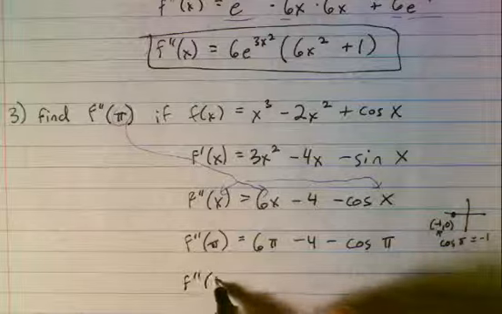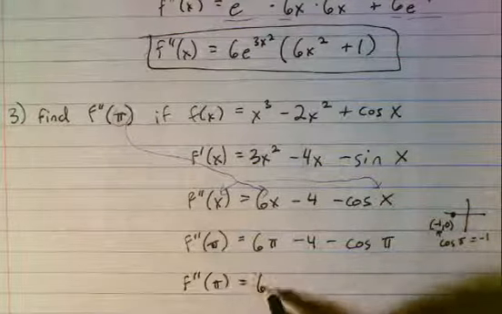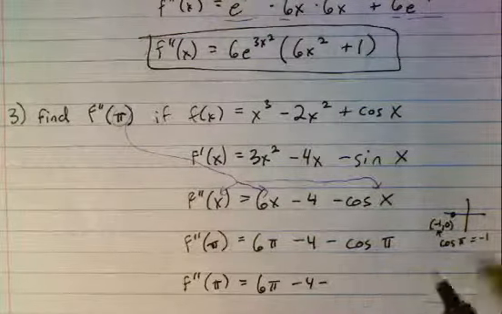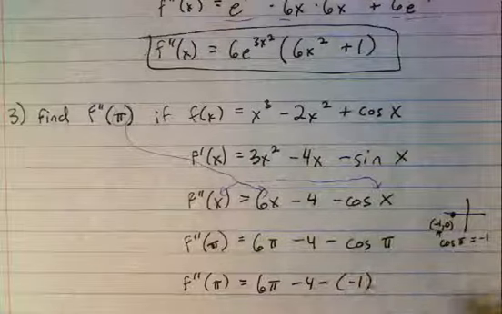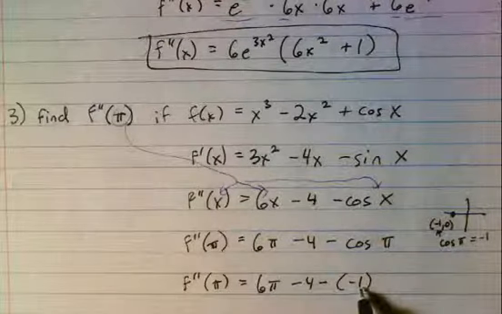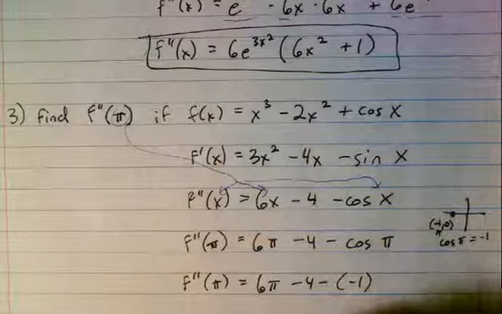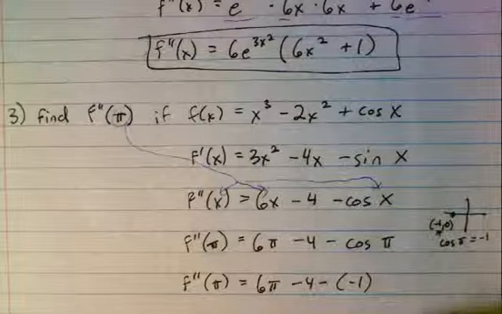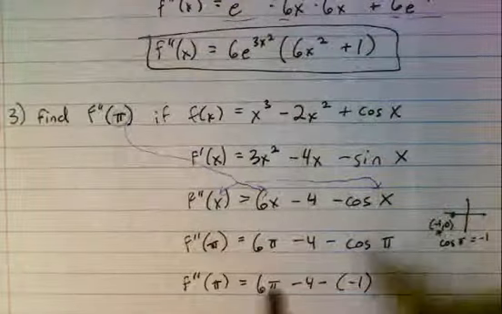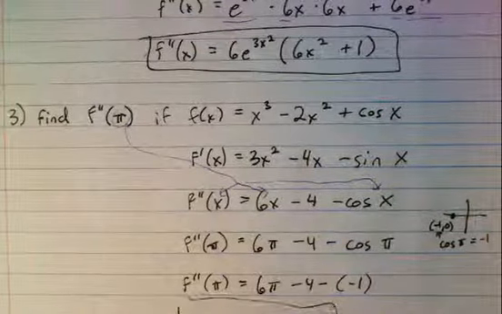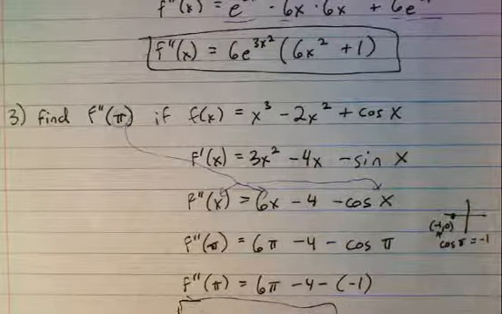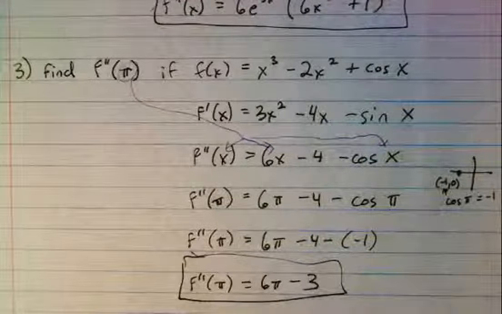So second derivative of f at pi is 6 pi minus 4 minus negative 1. That ends up being positive 1, so our final answer is 6 pi minus 3.